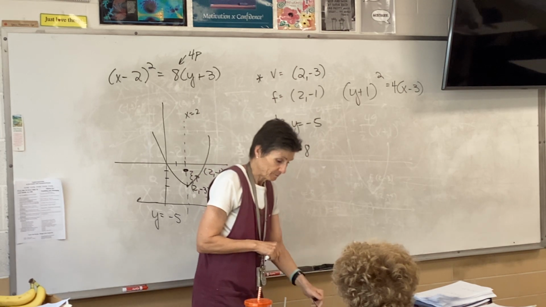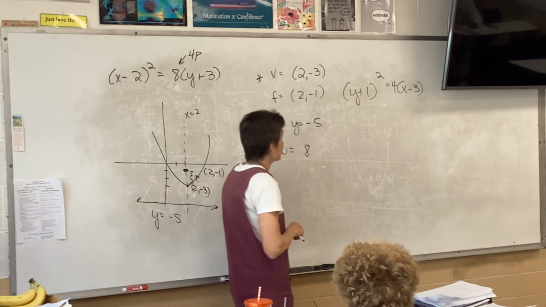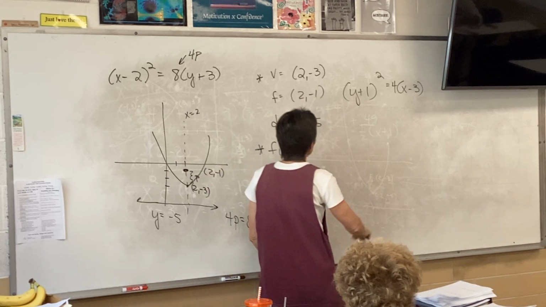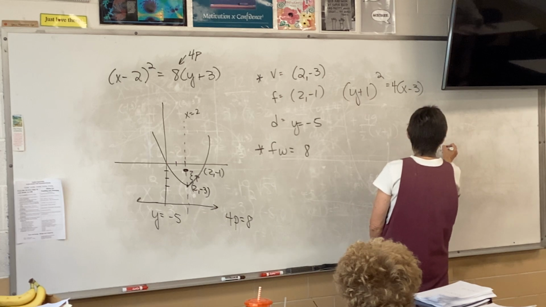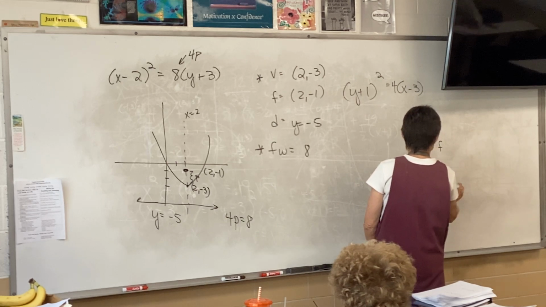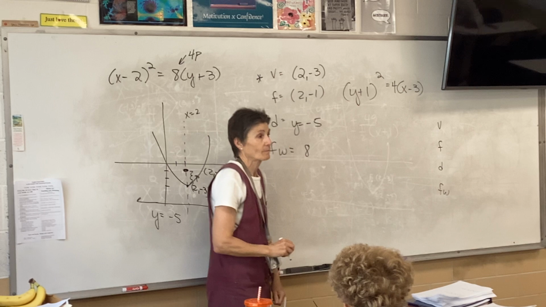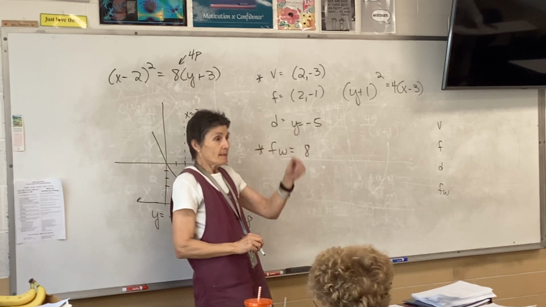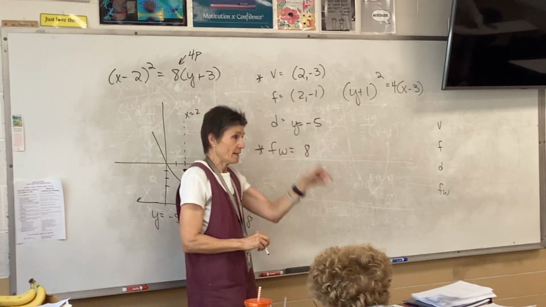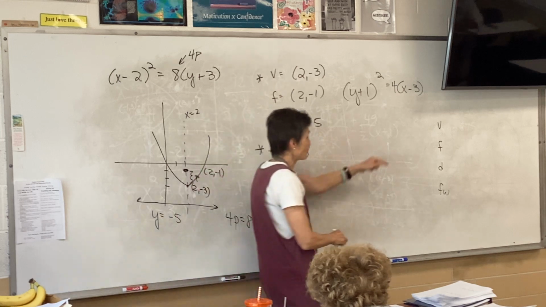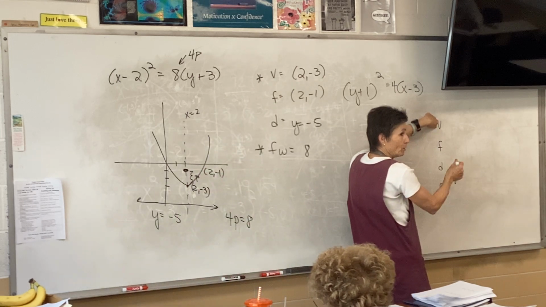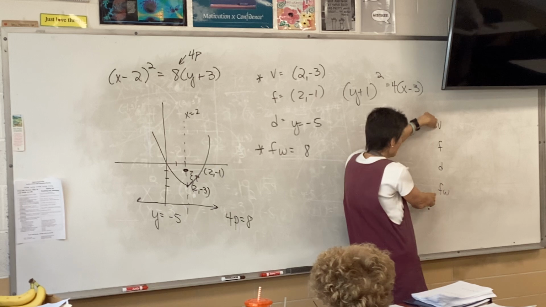Again, we're going to find vertex, focus, directrix, and focal width. Those are the things. If your blood is flowing today, you can answer these two, boom, boom. These two require no work.